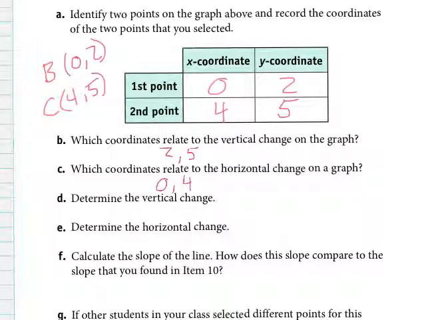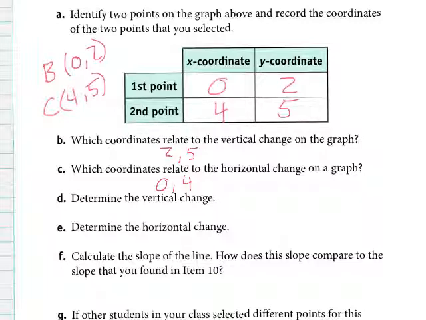All right, so let's determine change. What's another word for change in math? Difference. That's a good mathematical word. So I want to think about it as difference. What is the change or the difference between 0 and 2? Going 2, right?